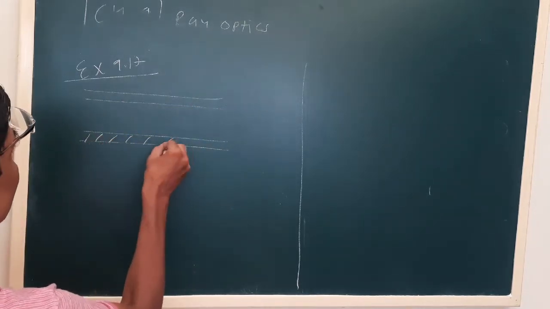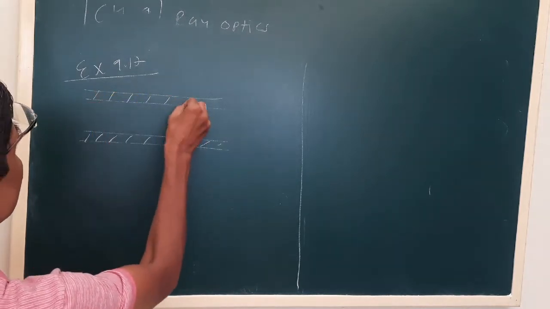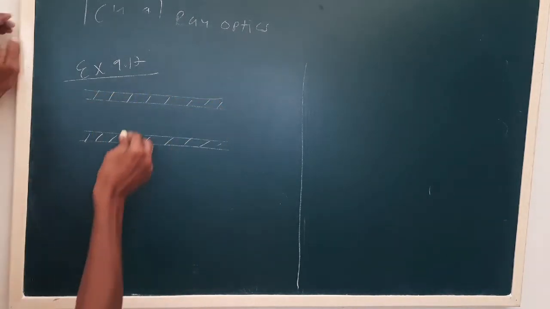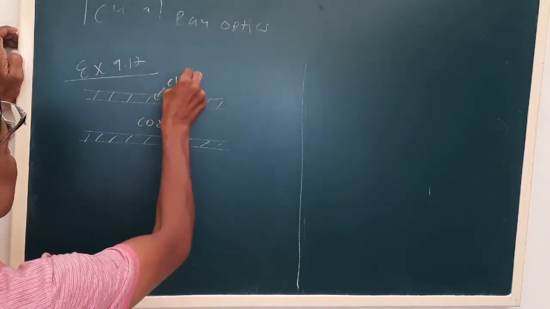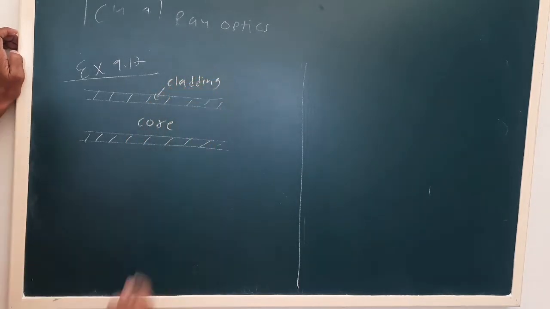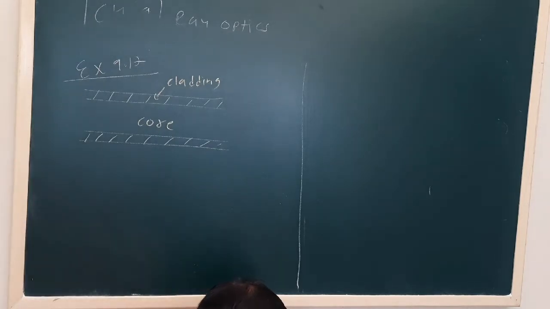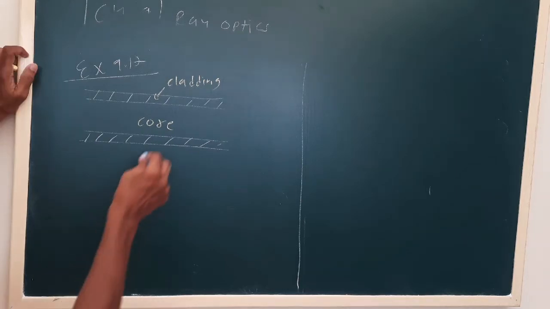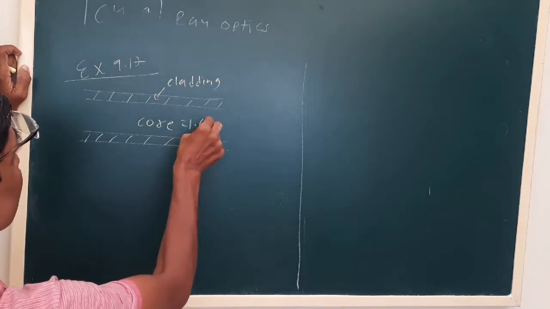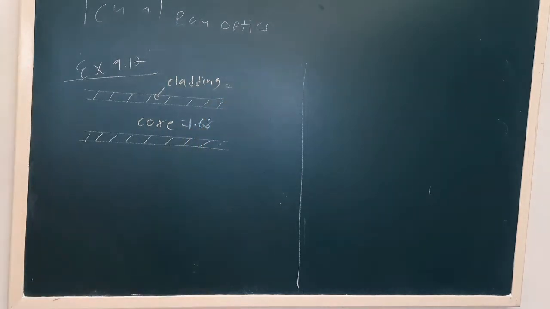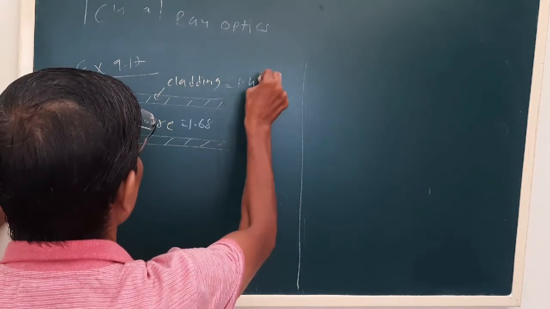This is the cladding, and the inside part is the core. The core is a denser medium, that is 1.68, and the cladding is a rarer medium, that we have discussed in the theory, which is 1.4.